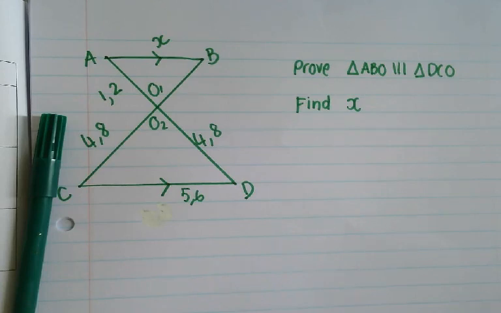So the two letters that I'm going to match, A and B, are going to be some combination of C and D. Okay? But now I need to know specifically which combination. Because A matches a letter and B matches a letter. So I'm going to have to look at some other information that allows me to find that. I'm going to use my properties of parallel lines. Using alternate, which means A has to match D. Therefore, B has to match C. What's left? O has to match O.